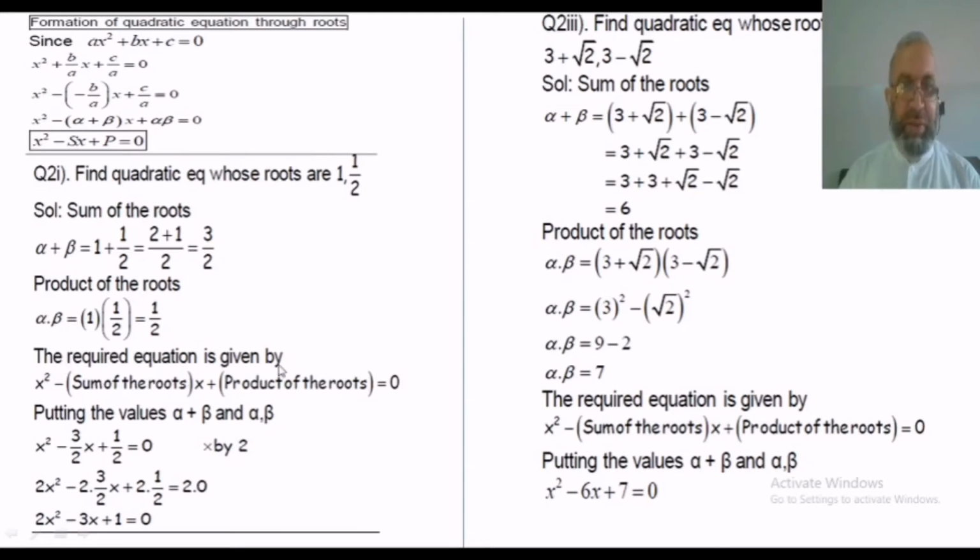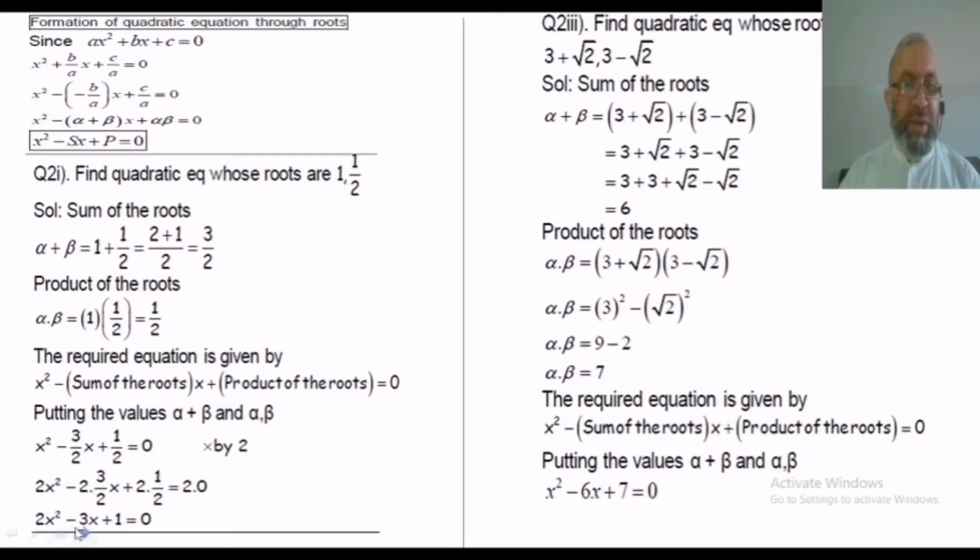Now the required equation is x square minus sum of the roots into x plus product of the roots is equal to 0. Putting the values, x square minus 3 by 2, the sum of the roots, plus the product of the roots 1 by 2, is equal to 0. So to cancel the 2, multiply both sides by 2. We get 2x square minus 3x, the 2 cancels, plus 1.